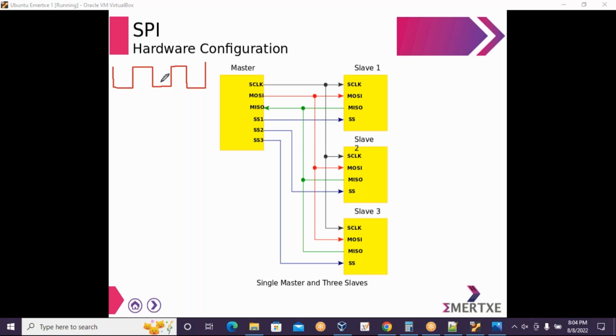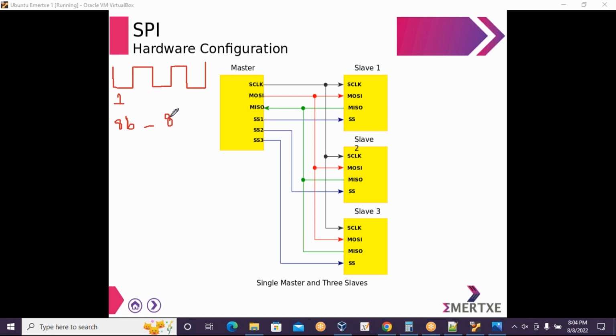See, I want to transmit, and transmission happens only when there is a transition from a higher level to the lower level, that is at the falling edge. So every bit gets transmitted. Here to generate one clock pulse, the master takes 1 microsecond. So if I want to transmit 8 bits, I want 8 clock pulses.